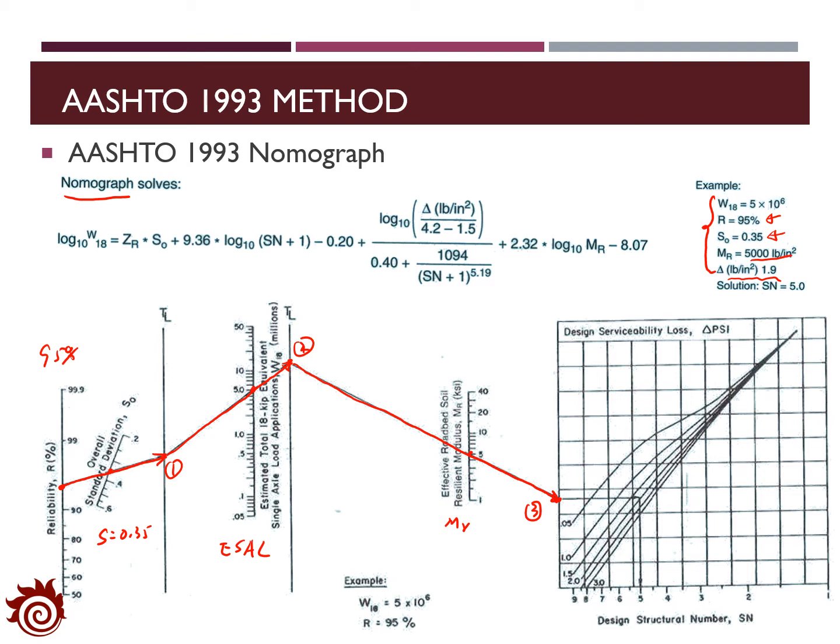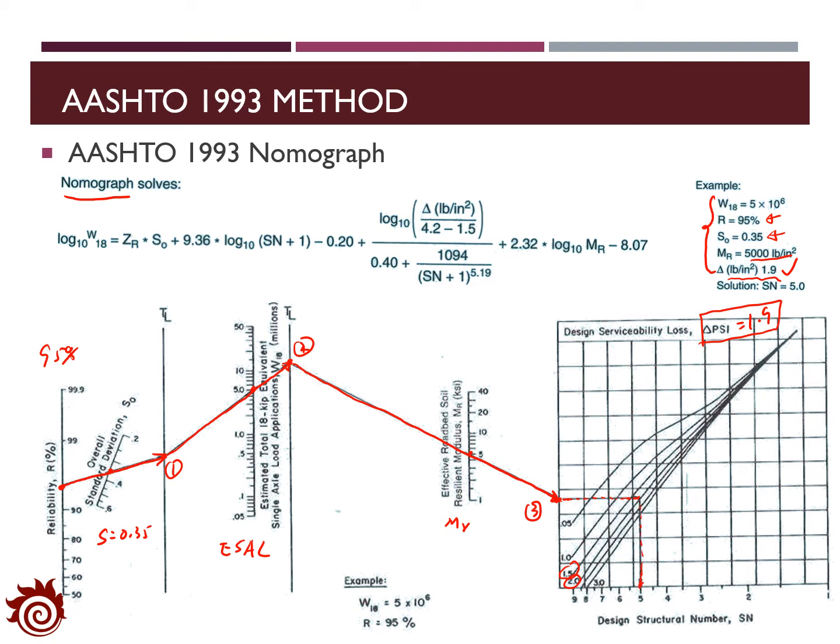Then in this graph, we will use the value of serviceability loss, which is 1.9 in this example, to find out the line we have to use. The line should be between 1.5 and 2.0. Then start from the 0.3 and draw the horizontal line to the line with delta PSI equal to 1.9, and find out the horizontal value.